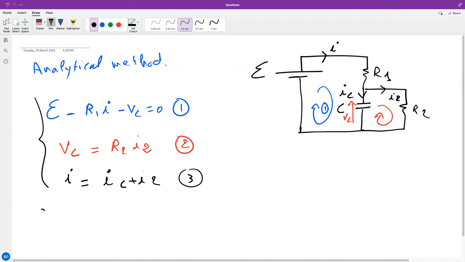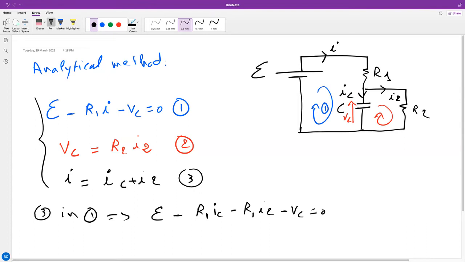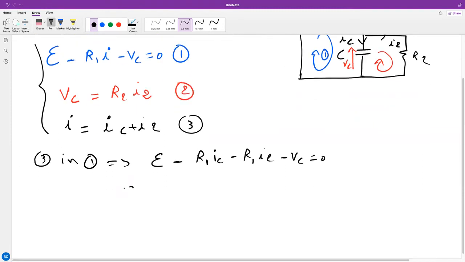This is 3. So I can put 3 in 1, which directly gives me E minus R1 IC minus R1 I2 minus VC equal to 0, which I can group into E minus R1 IC minus (R1 over R2 plus 1) VC equal to 0.